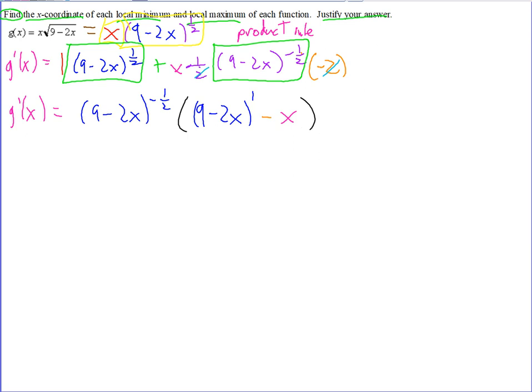Then we can simplify it a little further. Moving it to the denominator, put it in radical form. And then we've got 9 minus 2x minus another x gives you 9 minus 3x.